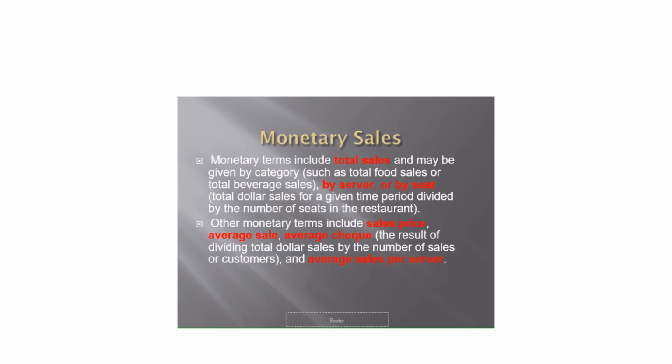All of these, because they're being communicated in the form of money, are going to be considered monetary expressions of sales. We're not going to spend too much time on it for the purposes of this video, but we will definitely be going over it in class because it's important to know how to calculate these items, but also use them because we can use them in different scenarios as well.